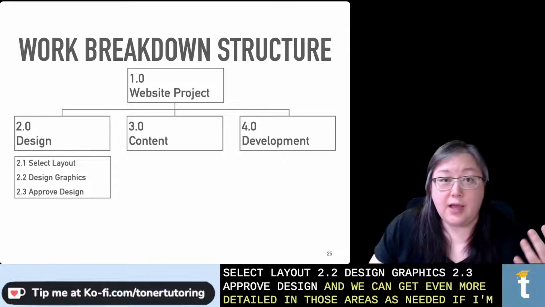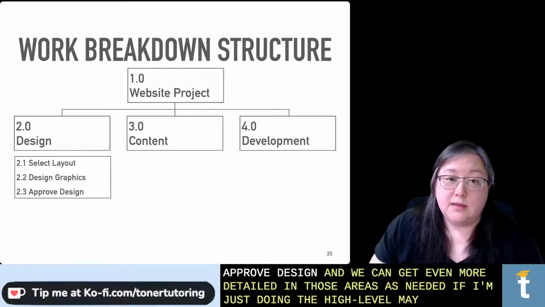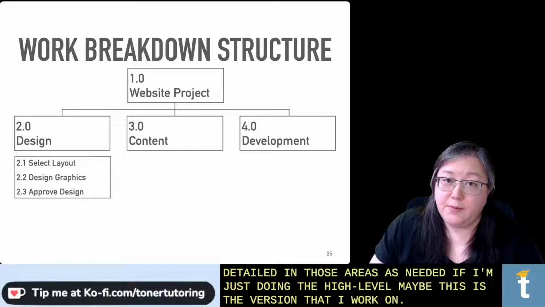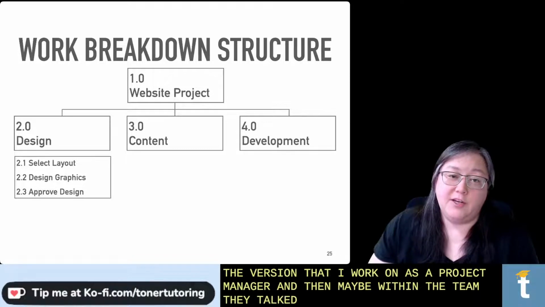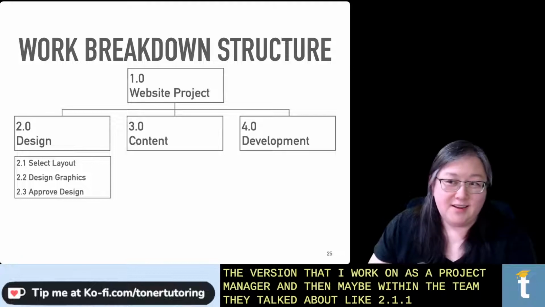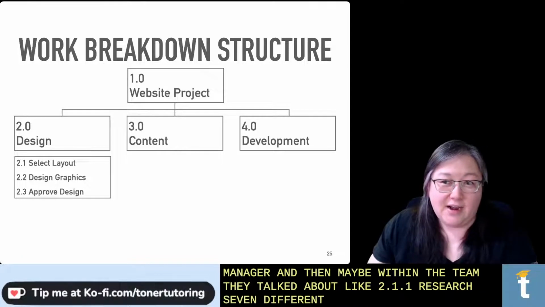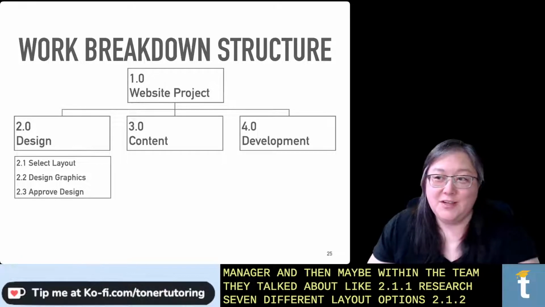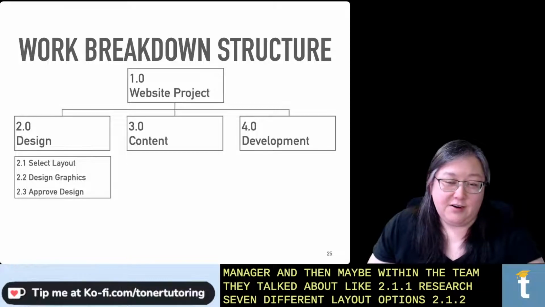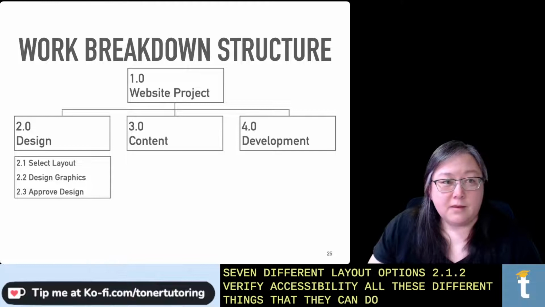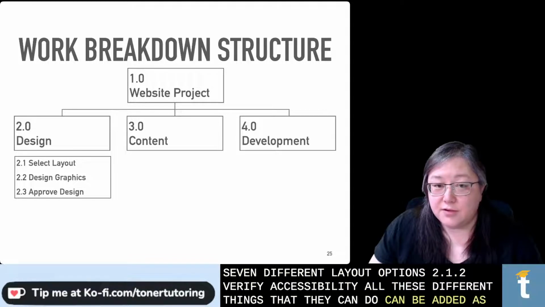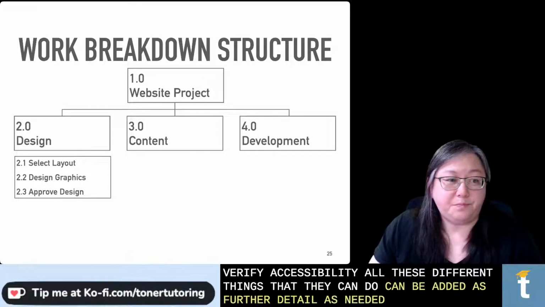If I'm just doing the high level, maybe this is the version that I work on as a project manager, and then within the team, they talk about 2.1.1, research 7 different layout options, 2.1.2, verify accessibility. All these different things can be added as further detail as needed.